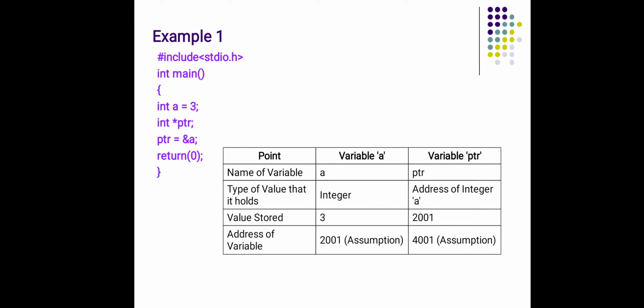The value stored in variable a is 3, but suppose the address of variable a is 2001, that is the assumption, and the address of ptr is 4001, that is another assumption. This illustrates that the pointer stores the address of another variable. So we will stop here.